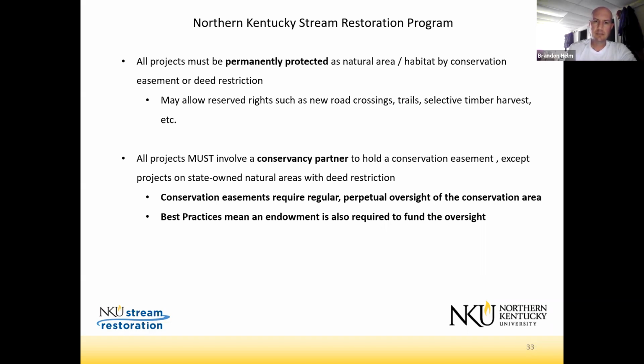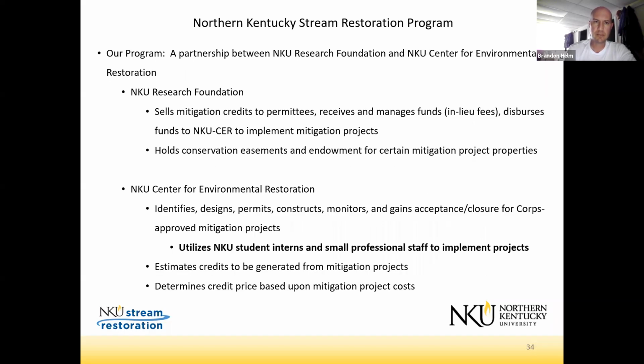And then all these easements have to be supported by an endowment so that oversight can persist in perpetuity. So that's not just going to fall off and 50 years down the road somebody can come in and undo all the work that we did.